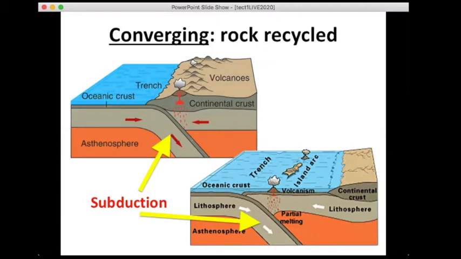The rocks, the lithospheric plates, are coming together. Now there's actually three kinds of converging boundaries. We're not going to get too technical, but you see two of them here. The top one, we have an ocean plate hitting a continent plate. An example of this would be, I'm going to call it the Pacific plate.